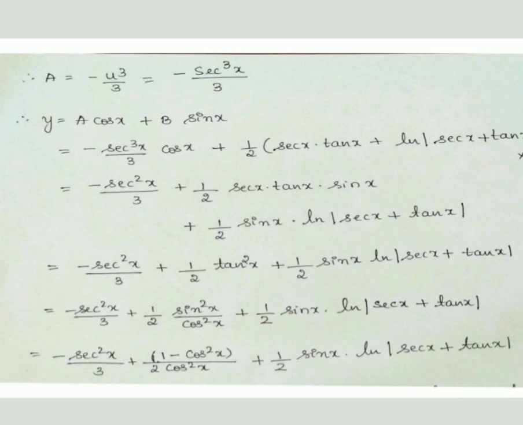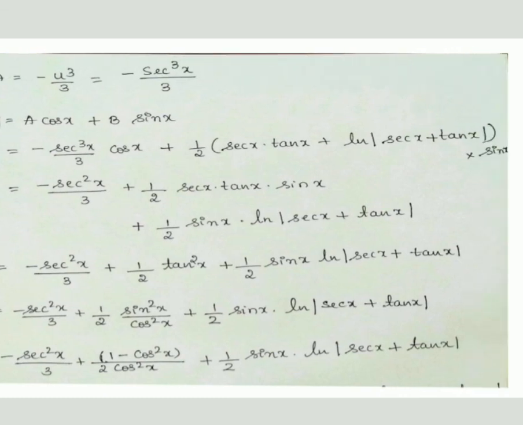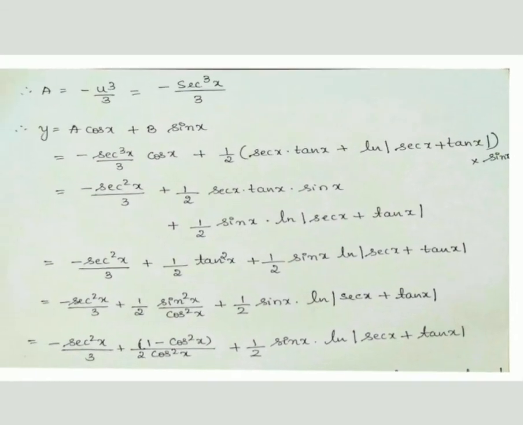So that is minus secant cube x by 3 into cos x plus b, which is half into secant x into tan x plus ln of secant x plus tan x, into sin x. So that is equal to minus secant x, here cos x and one secant x will get cancelled.